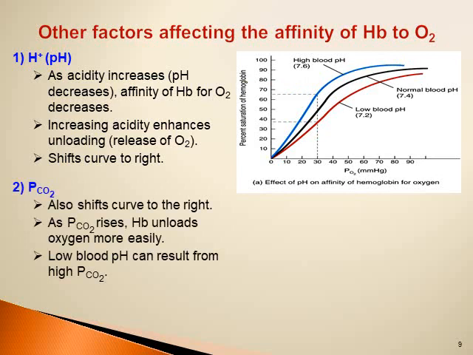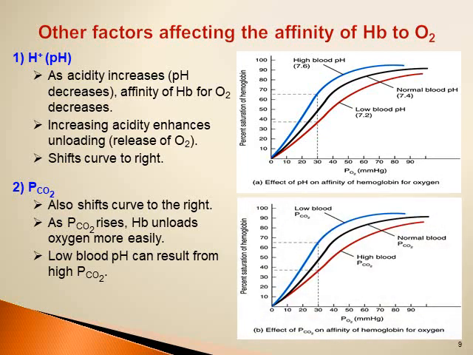At high levels of partial pressure of carbon dioxide, this will cause a shift in the curve again to the right, as we can see here. So high levels of carbon dioxide will decrease the affinity of hemoglobin for oxygen and will shift the curve to the right. Low levels of carbon dioxide will increase the affinity of hemoglobin to oxygen and will shift the curve to the left.